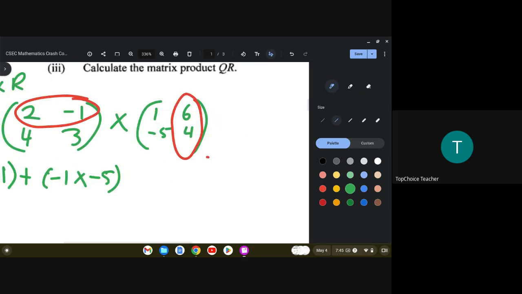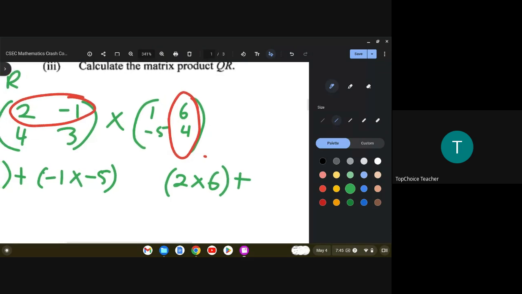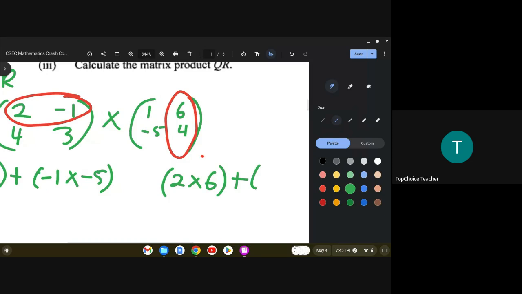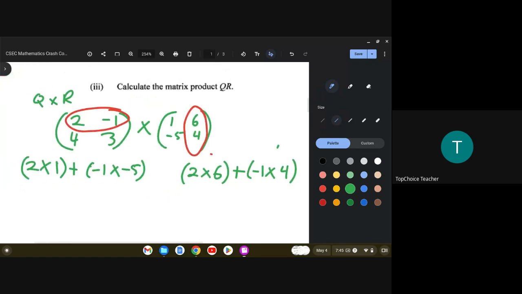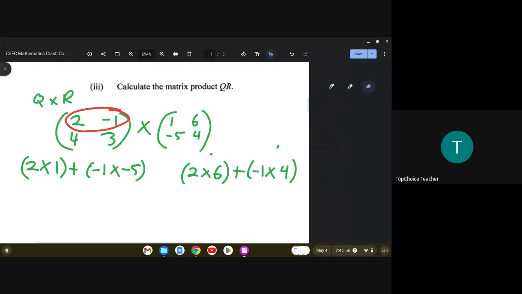So that would be the first element of the row, 2, multiplied by the first element of the column, which is 6, and you must add that to the second element of the row, which is -1, multiplied by the second element of the column, which is 4. Same technique. Now we finish multiplying this top row by both columns.